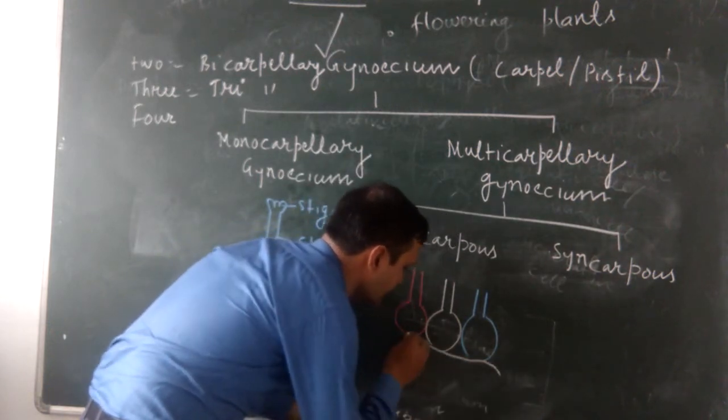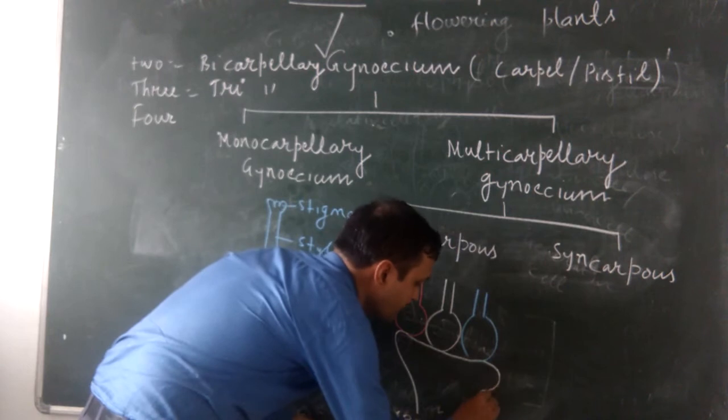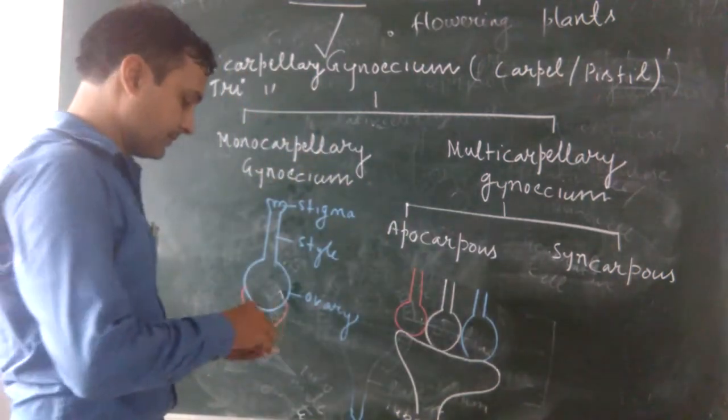This is the thalamus, you know, the solid portion of the flower.